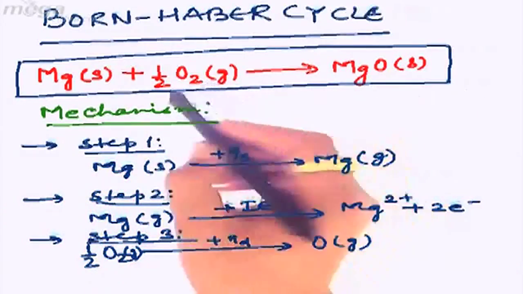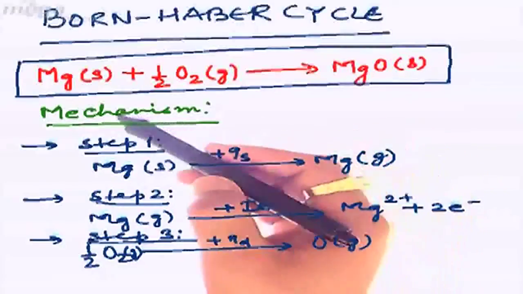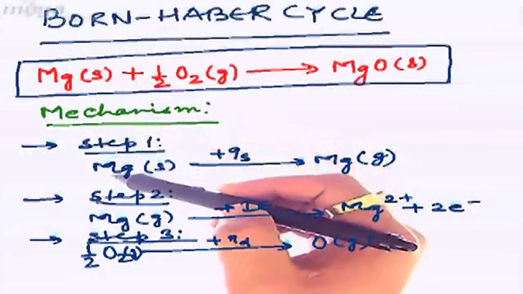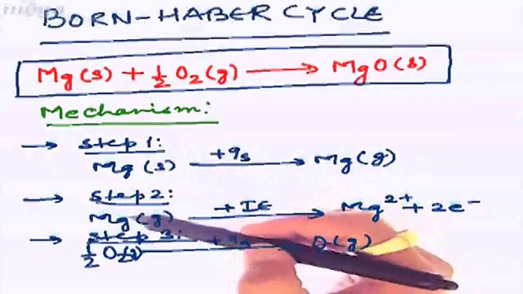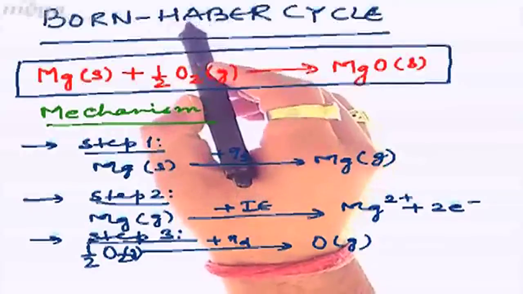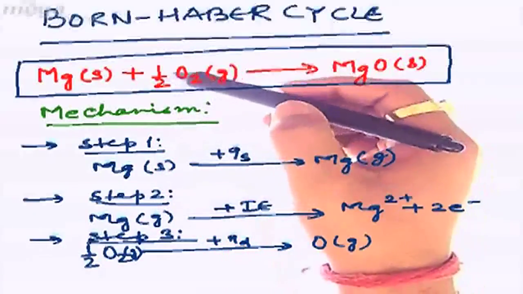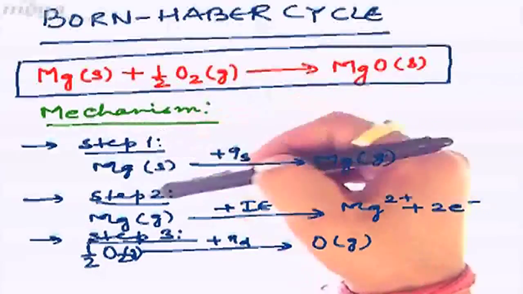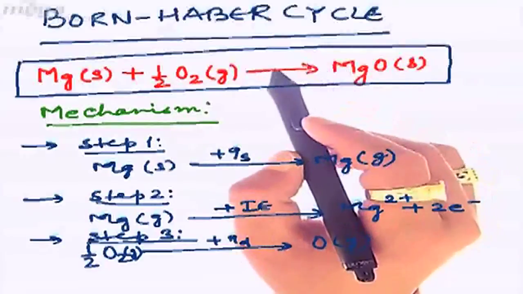In the other way, we represent the same reaction using the various steps involved, that is, the mechanism. When we consider the one-step process and the mechanism together and represent them in the form of a cycle, that becomes the Born-Haber cycle.